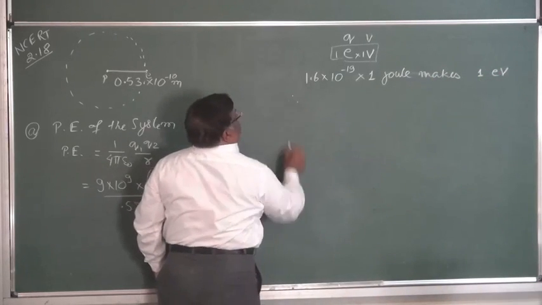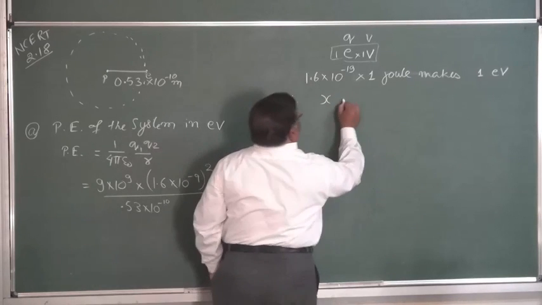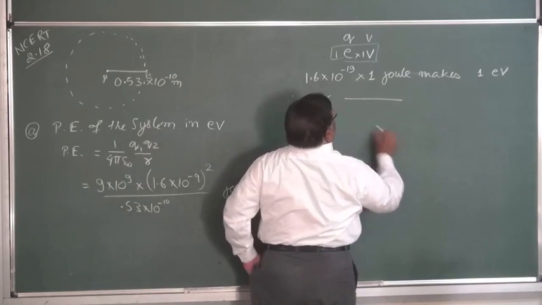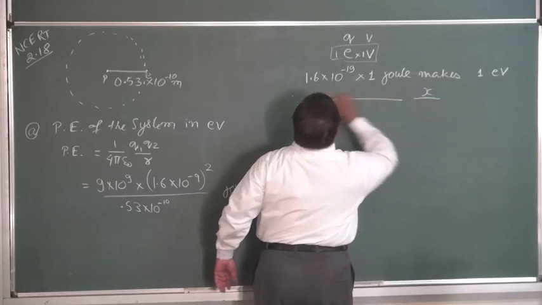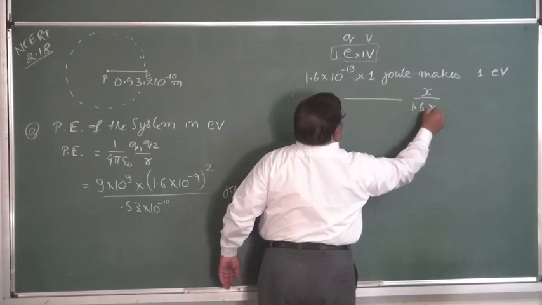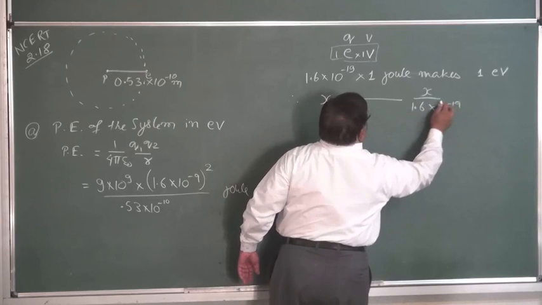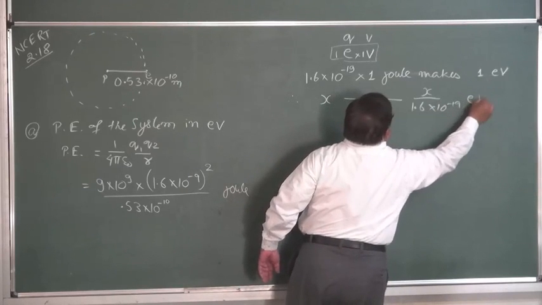Therefore, X joule will make how much? X upon 1.6 into 10 to the power minus 19 EV.